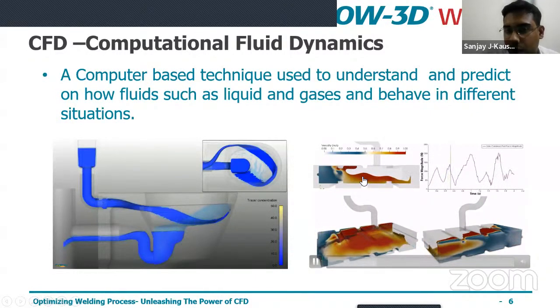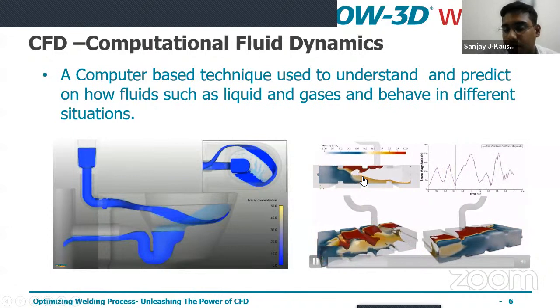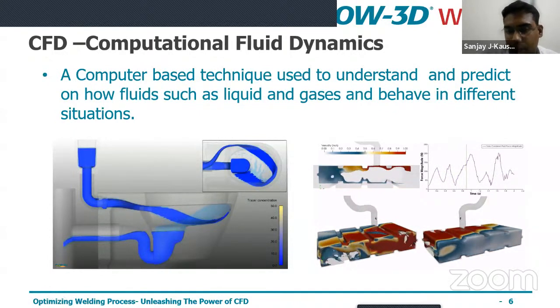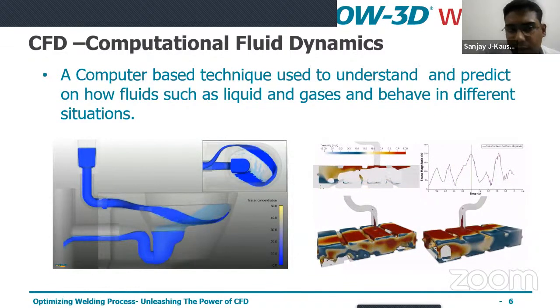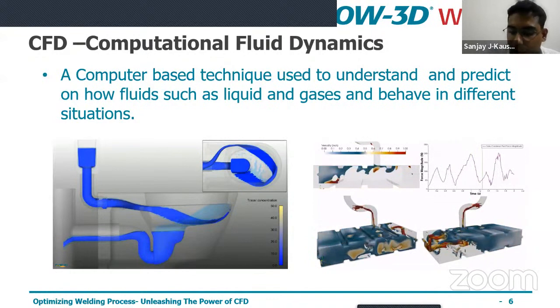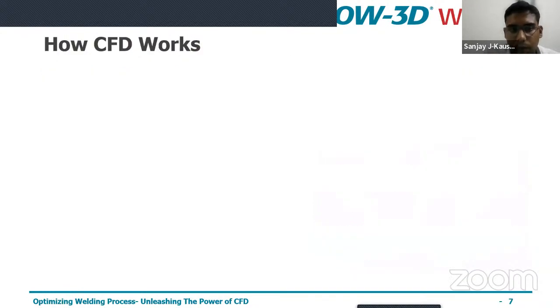When the vehicle hits humps and things like that, how does the fluid in the fuel tank slosh with respect to time? There are vast ways we can apply CFD techniques in our day-to-day products and life. So how does CFD work? How does it compute?